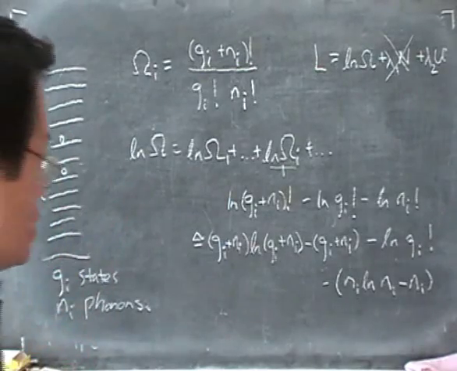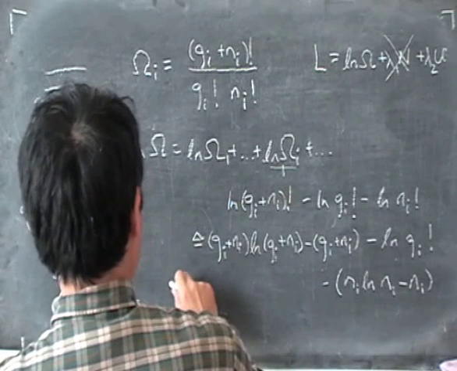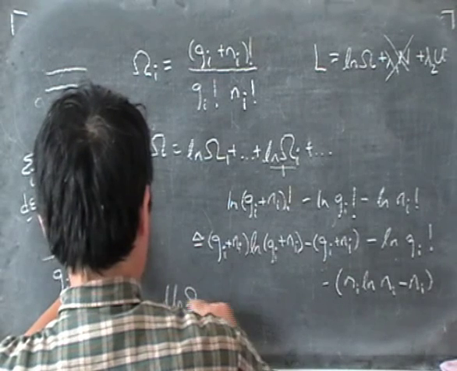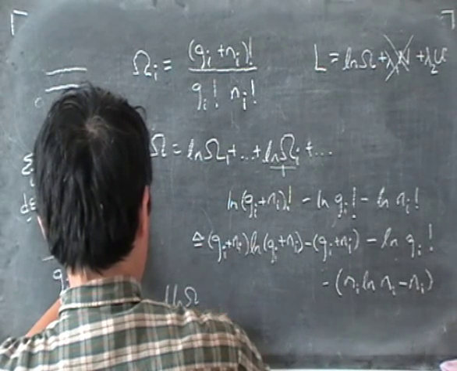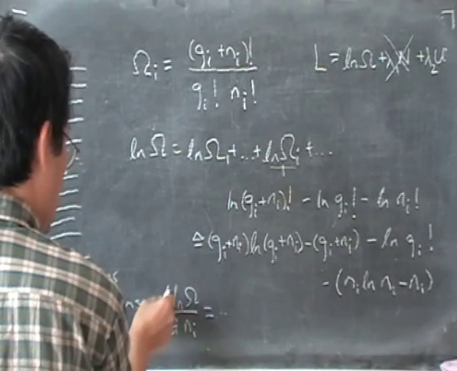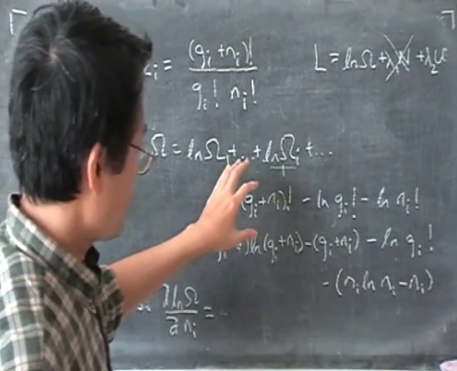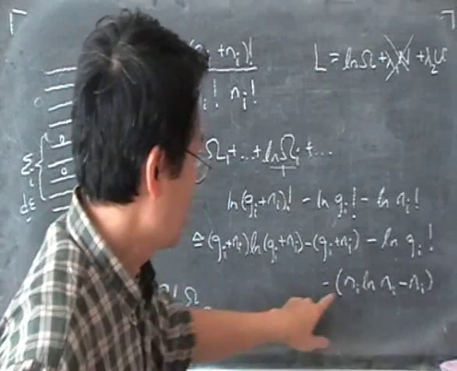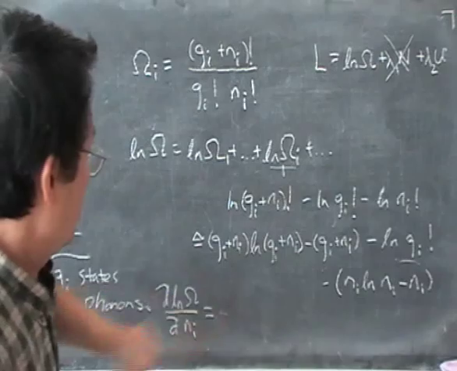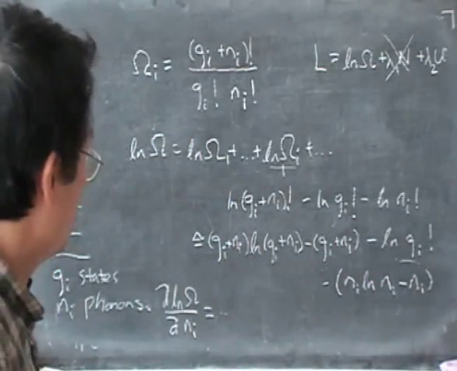And we have to differentiate that. So let's try that. So when I differentiate log omega by ni, this should be partial derivatives. So I need to differentiate this. Alright, so that differentiates to 0. And these terms look exactly the same as what we did for electrons.